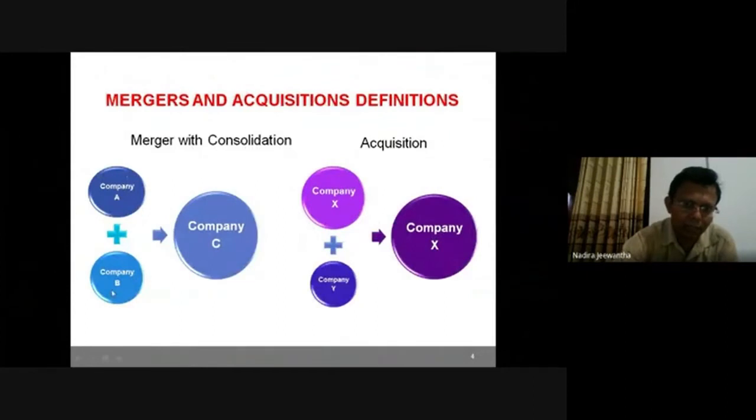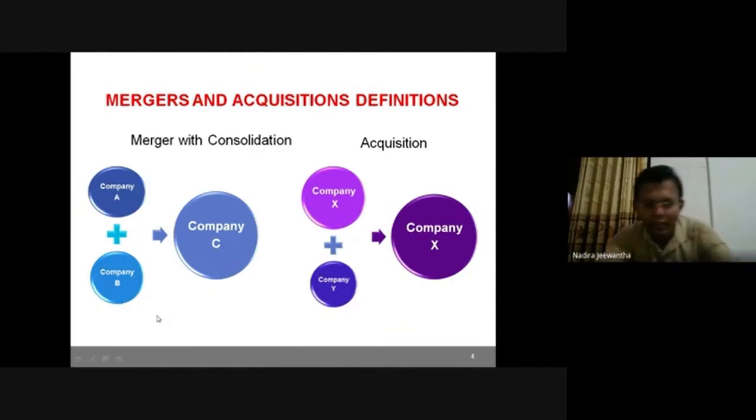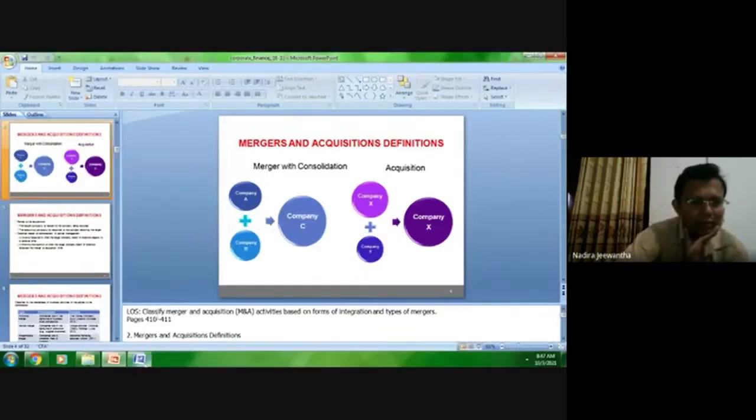Companies A and B are no more. In the acquisition case, X acquires, but both companies go on. In the merger, A and B are no more. That is the difference between merger and acquisition.